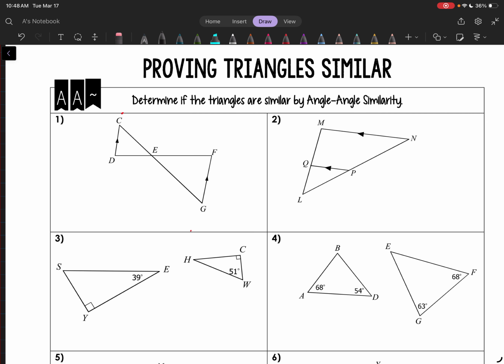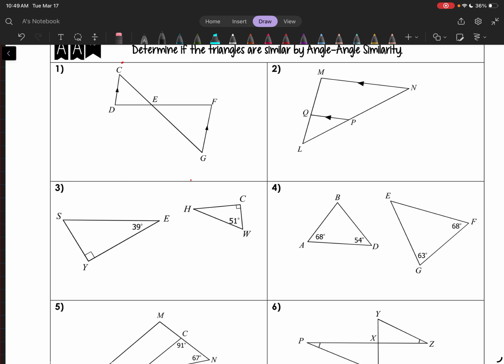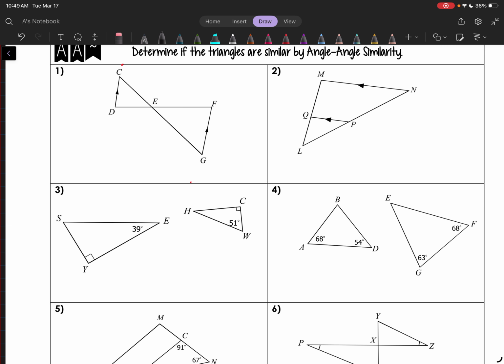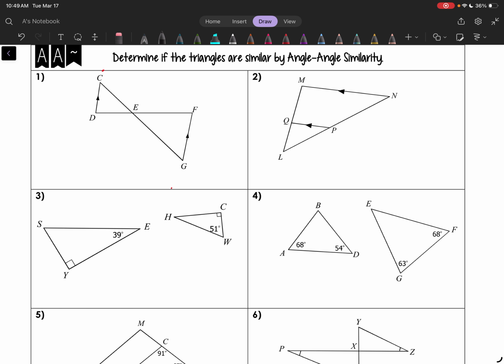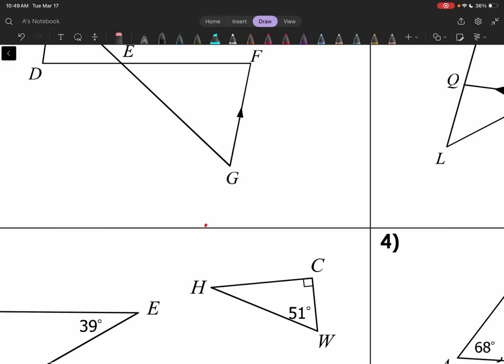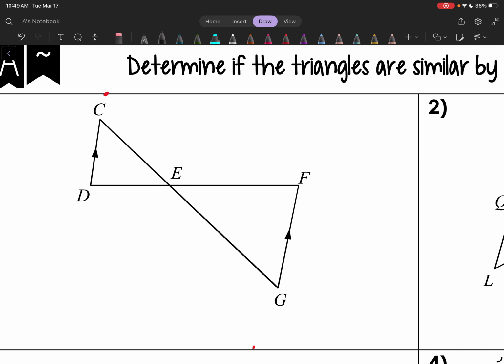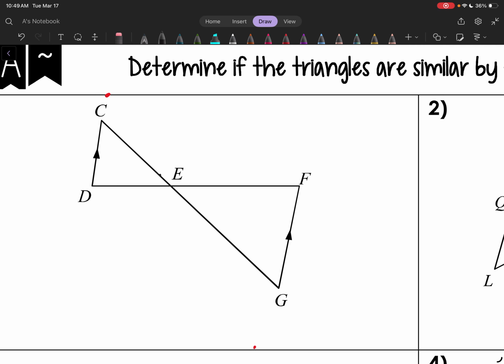Proving triangles are similar. Determine if the triangles are similar by angle similarity. All right, number 1 tells me we have parallel lines that are being cut by transversals. I know E is a vertical angle, therefore they are congruent to itself.